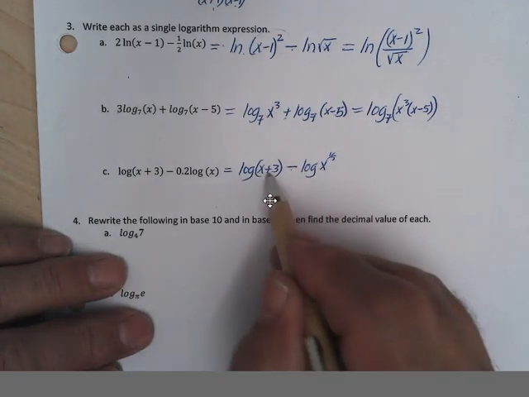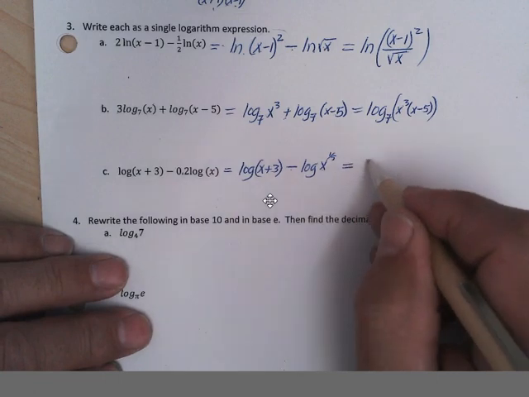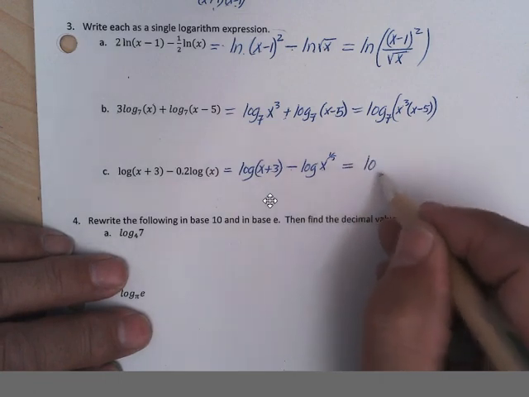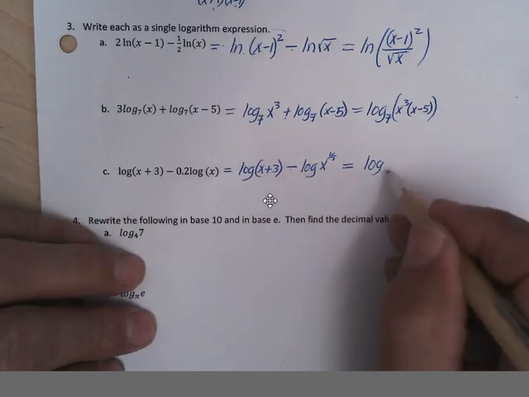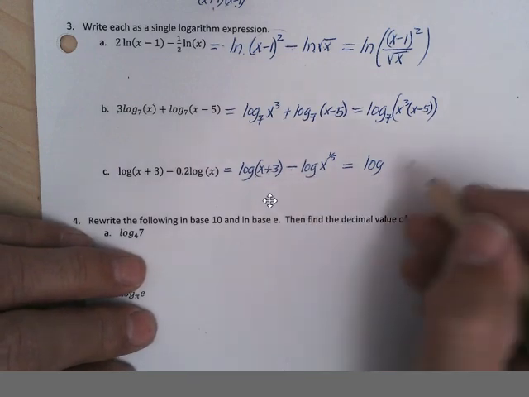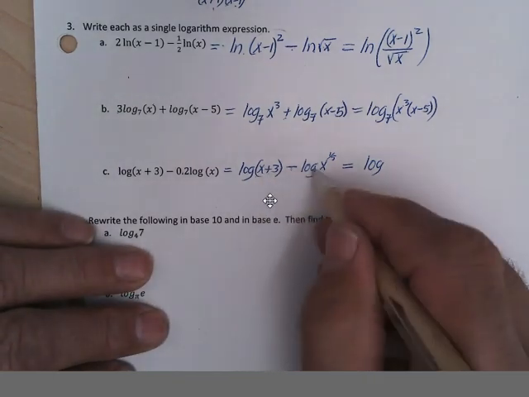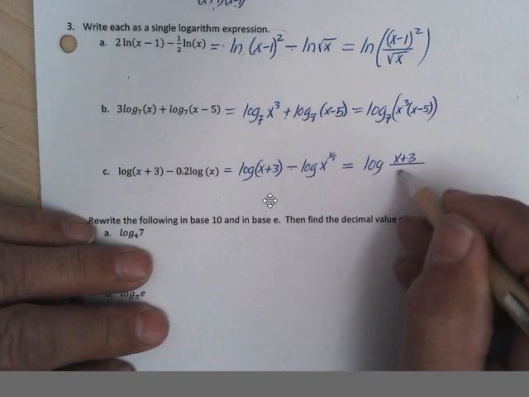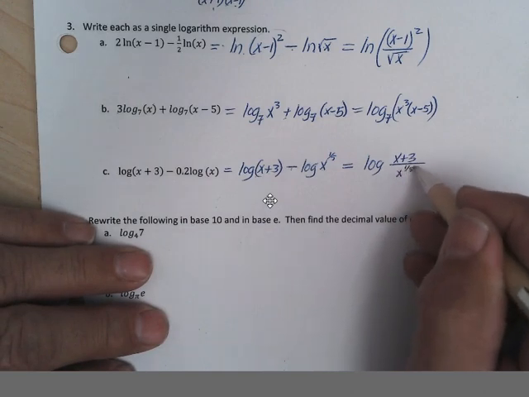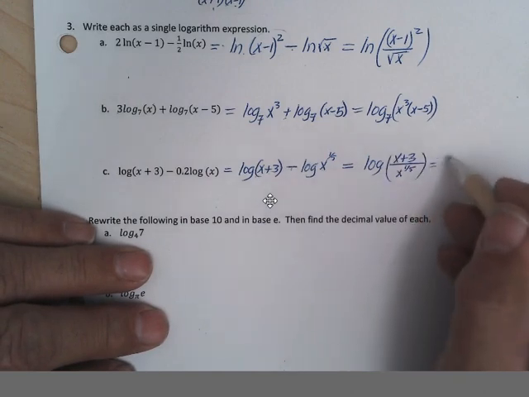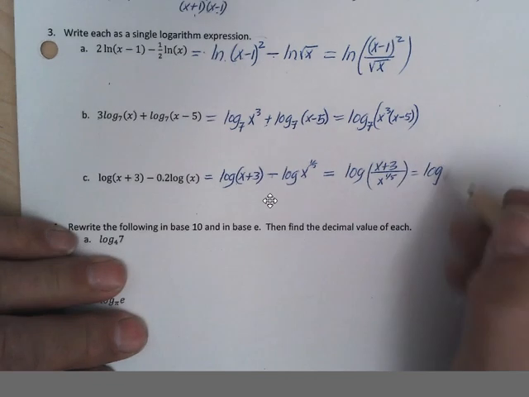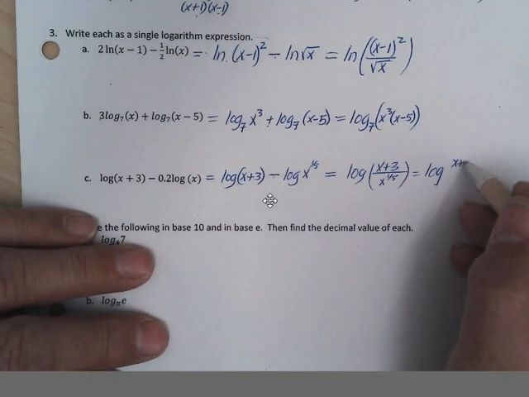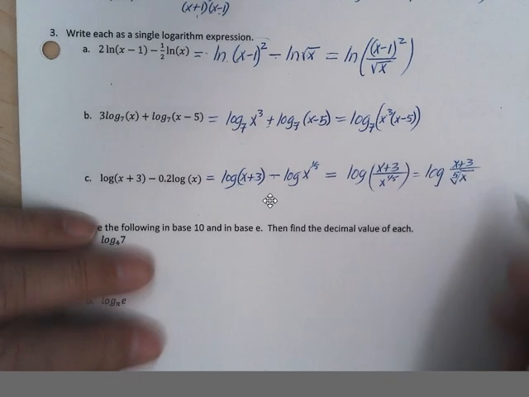And when you subtract, you divide, so this can be log, and this is base 10 always, so it's log of x plus 3 over x to the 1/5, or we could write it log base 10 of x plus 3 over the 5th root of x.